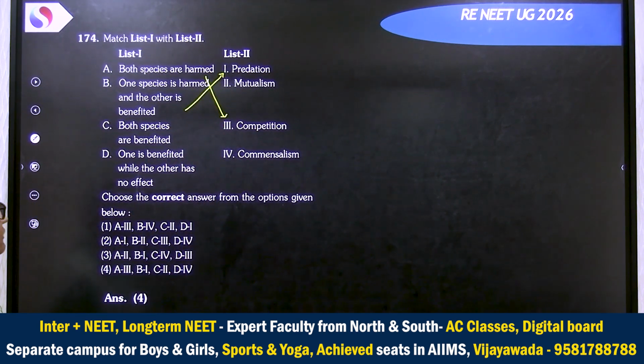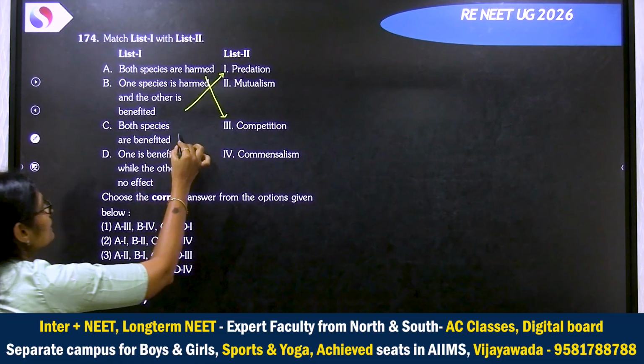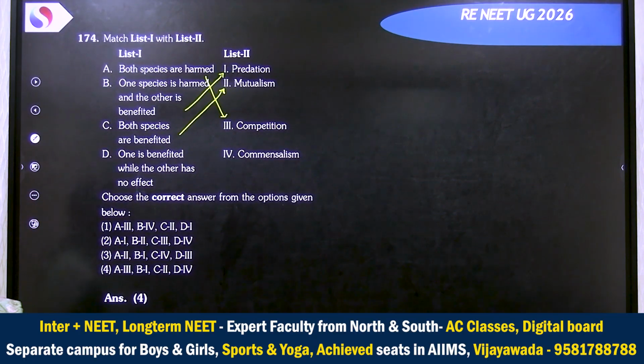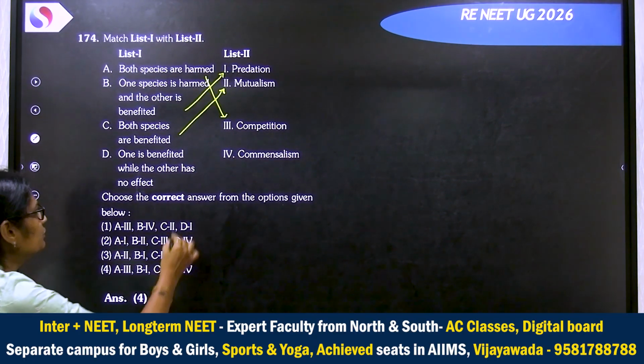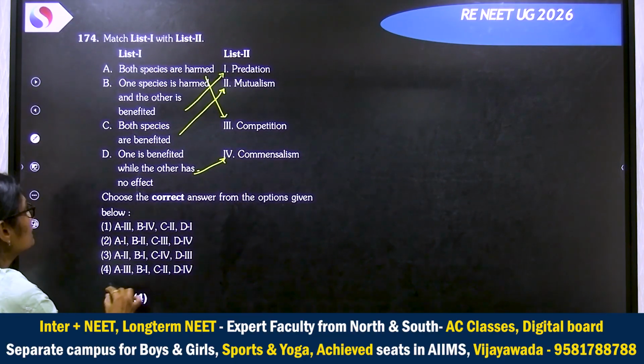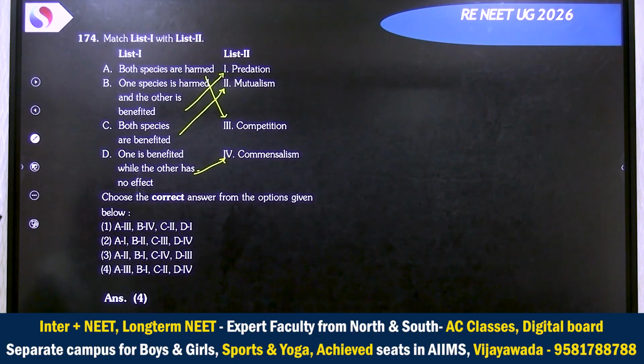Both species are benefited: mutualism, a symbiotic association. One is benefited while the other has no effect, acting as neutral: that is commensalism. So the answer is A3, B1, C2, D4.